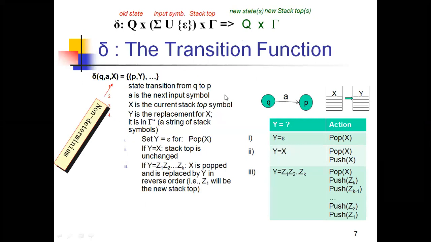And here coming to the explanation of this transition function delta: it maps Q × input symbol × stack top to Q × Γ.